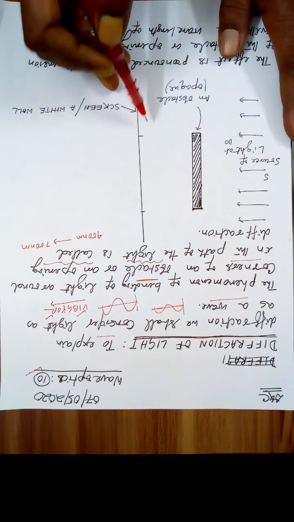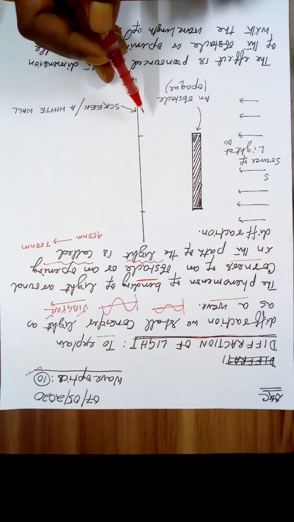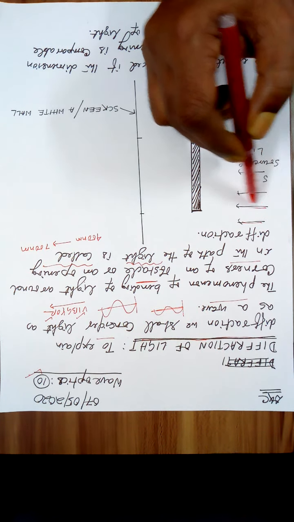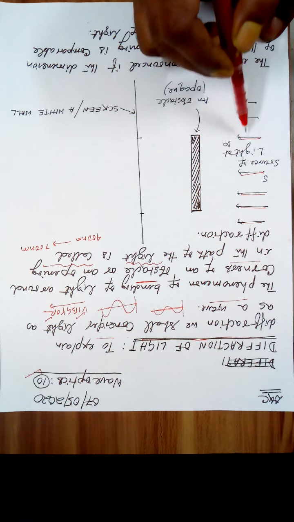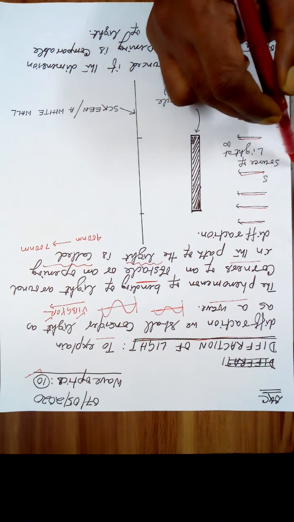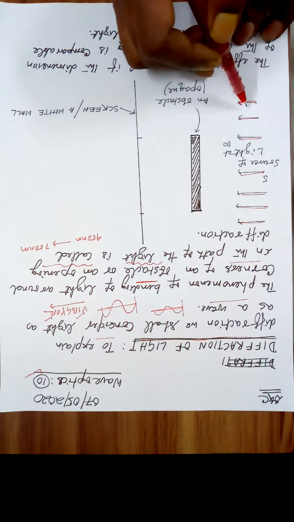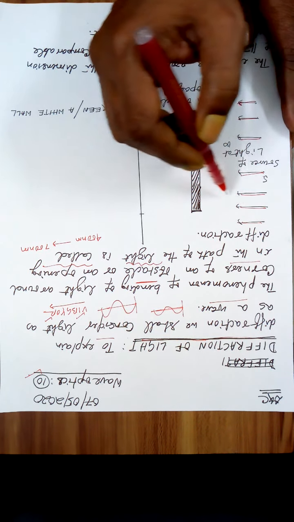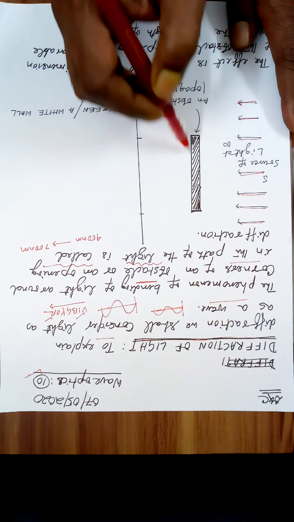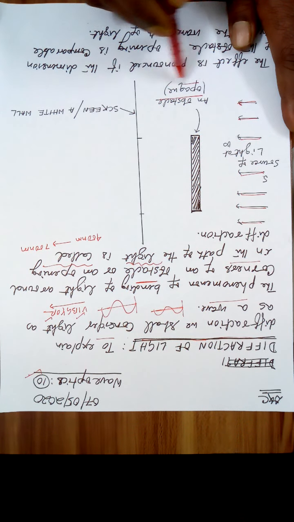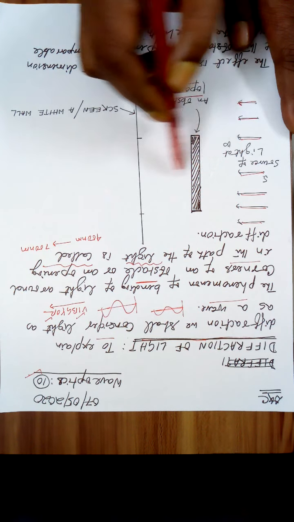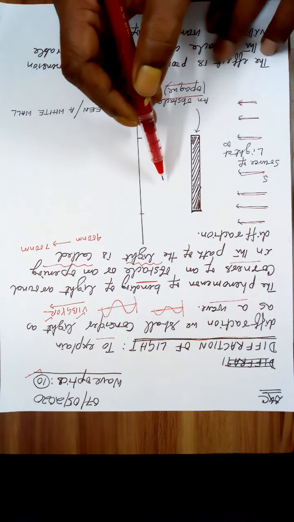Let me explain here in this figure, and I'll go to better figures on the next page. See, these are the light waves. If the source is at infinity, then these rays will be parallel. This black one is an obstacle, an opaque substance through which light cannot pass, right?